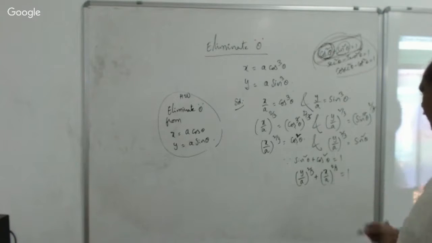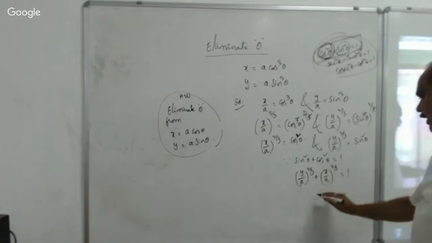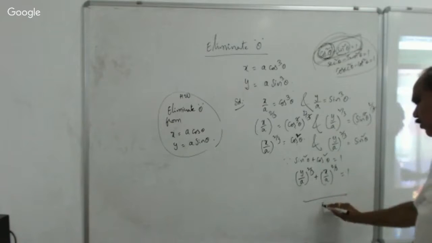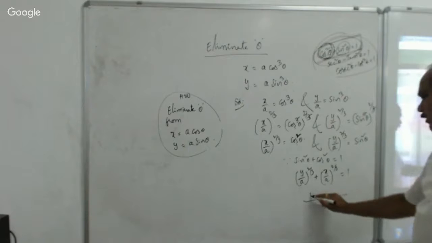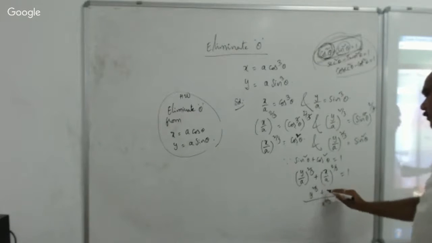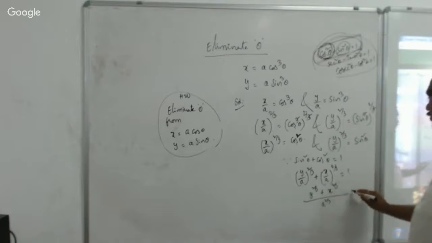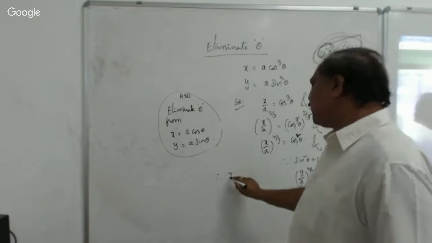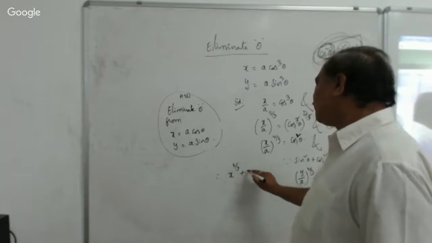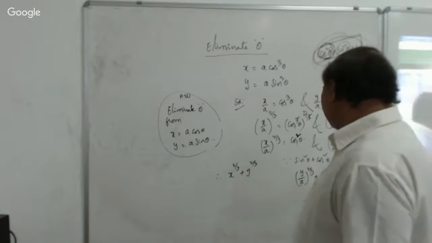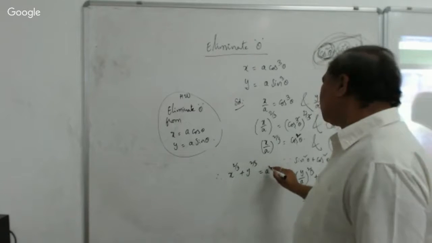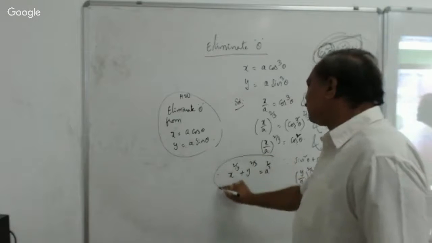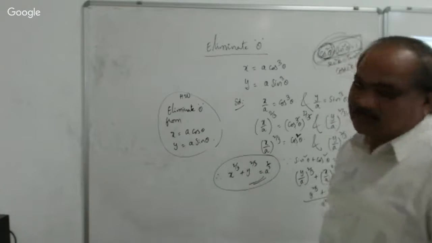Again we can simplify it. Taking the LCM, a power 2 by 3, here y power 2 by 3 plus x power 2 by 3 equal to 1. By cross multiplication, finally we are getting x power 2 by 3 plus y power 2 by 3 equal to a power 2 by 3. This is the final answer.